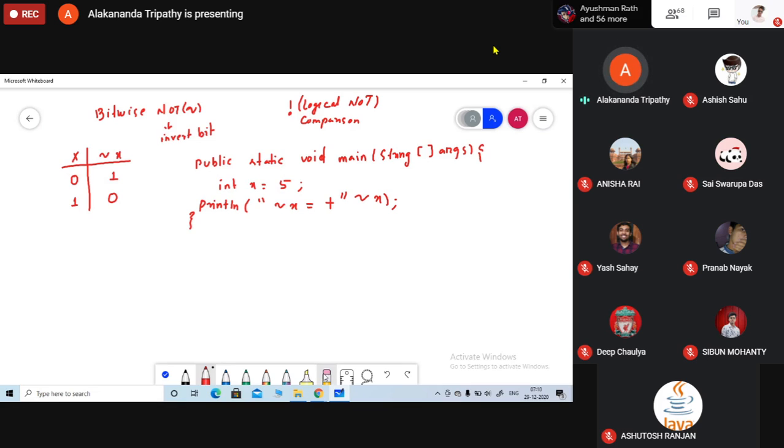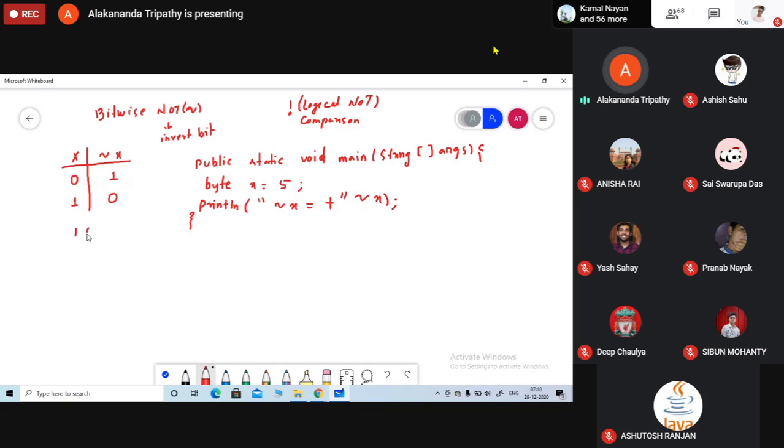Just a minute, I will do a slight modification. Here instead of int, I will take byte. So if I am going to use a byte, in how many bits will this value be represented? Think and tell me, it is byte, so how many bits? 8 bits. So it will be represented in 8 bits.